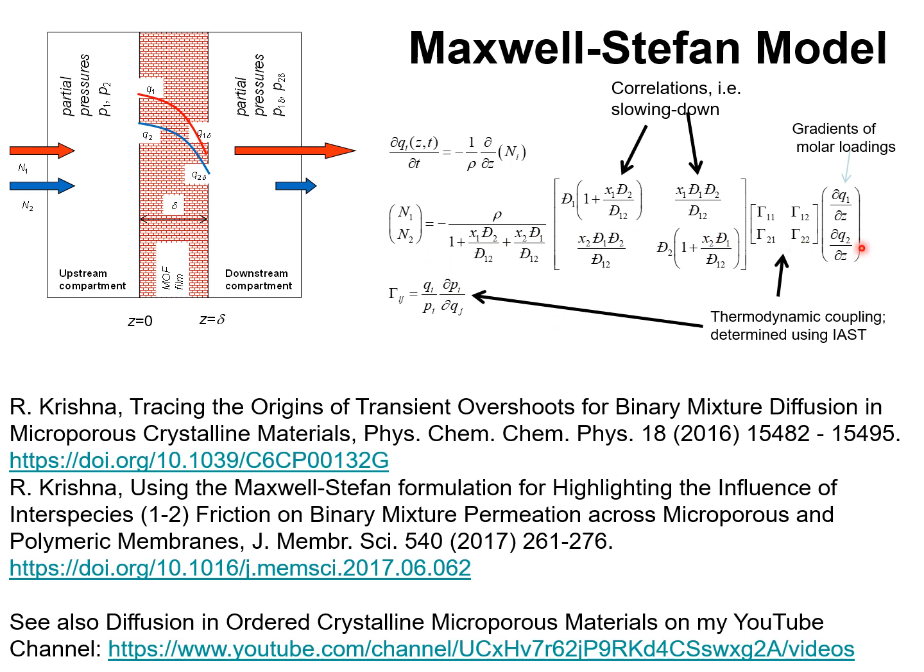Written in matrix notation, we have a scalar multiplying factor. Rho is the mass density of the membrane. We have a matrix of diffusivities. These diffusivities, D1 and D2, represent the Maxwell-Stefan diffusivities for molecule-wall collisions.